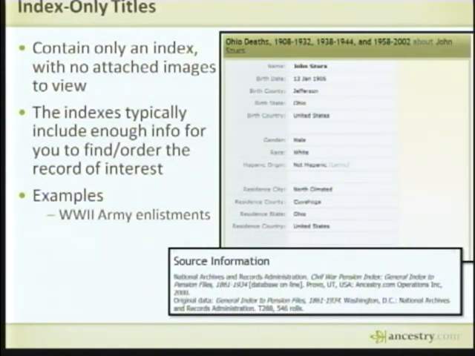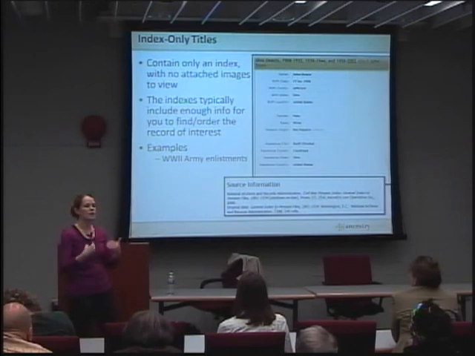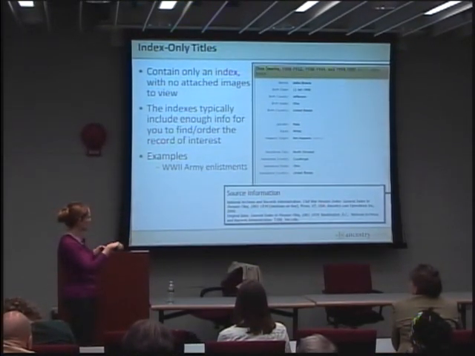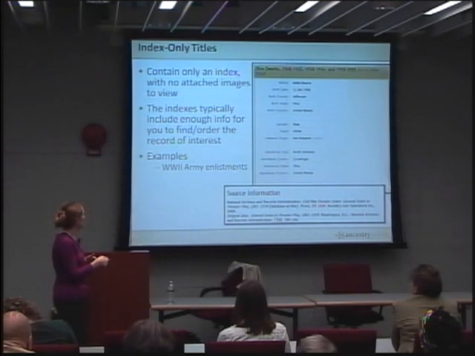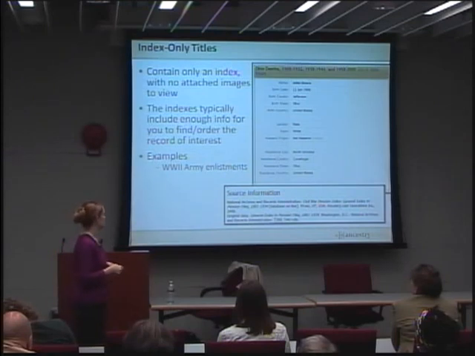Original data, general index to pension files, National Archives, here's the series number. It's going to tell you exactly where that came from. The nice thing with pension files is we have the pension index cards on Ancestry, we don't have the files, so you can come here and learn where we got it from. An example of an index-only title on Ancestry from NARA would be the World War II Army enlistment records, which is not pictured here.